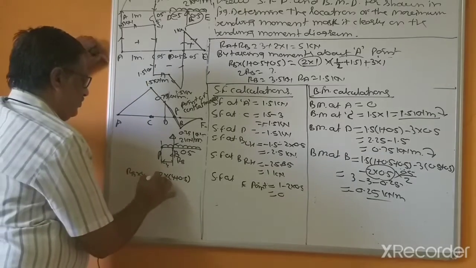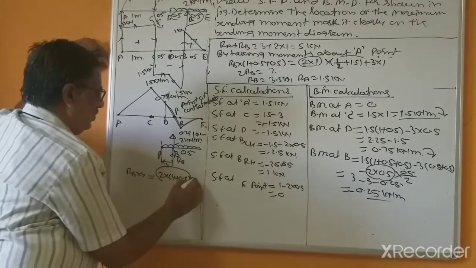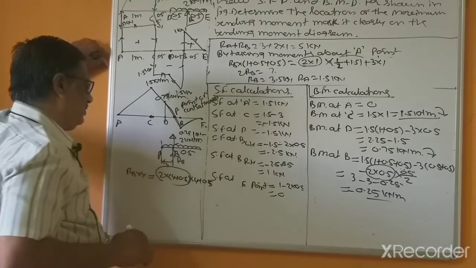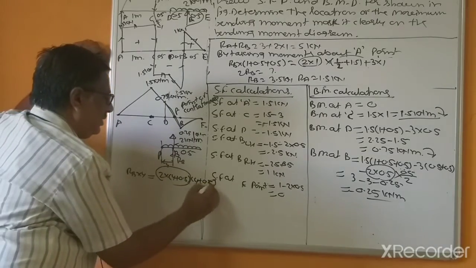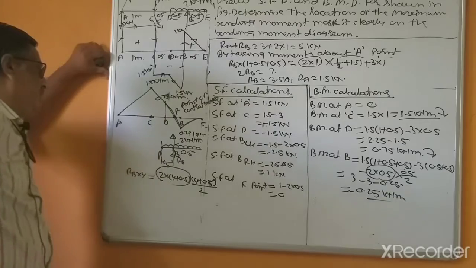So this is shear force, and Y of 0.5 divided by 2, right?